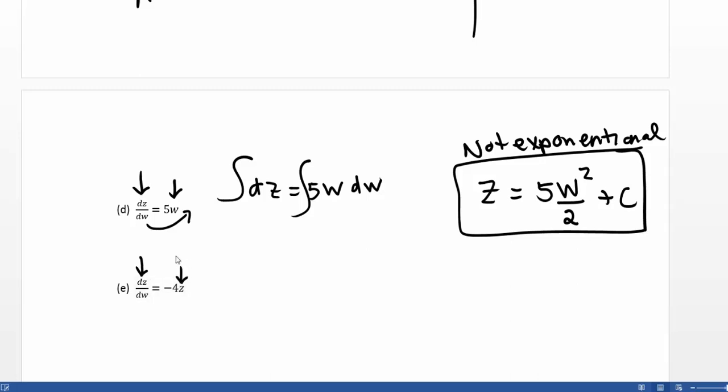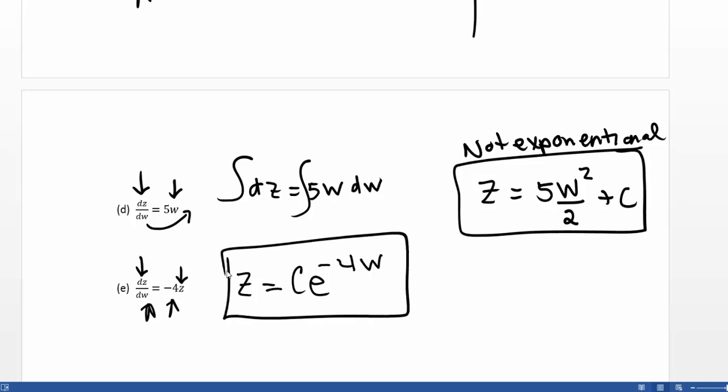So z is our dependent variable, and we have z on the right. So we can write it as z equals CE. Now, -4 is our k. And now our independent variable is w. So we have z equals CE to the -4w.